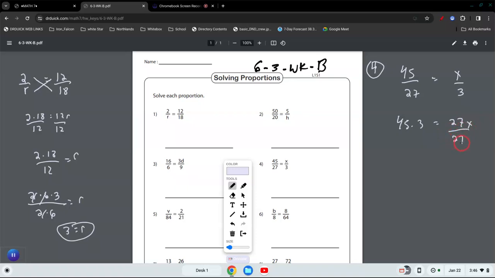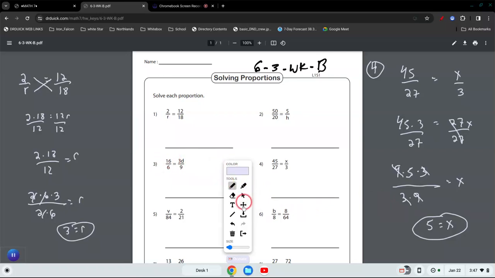I'm going to divide by 27, divide by 27, and then this of course goes away. Break this into its components: 9 times 5 times 3, right? And what's this guy? This is 3 times 9, right? Equals x. Cross this out, cross this out. What do you end up with? 5 equals x. This is a very simple way using factoring to go through this information, right?